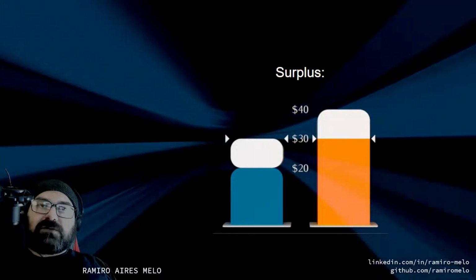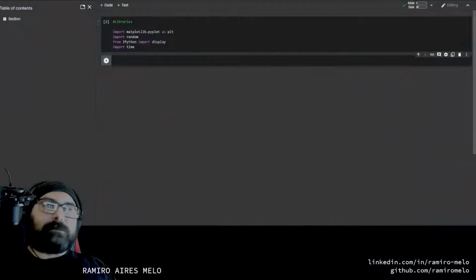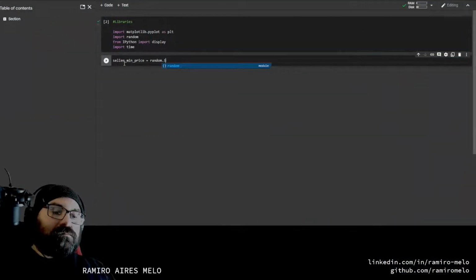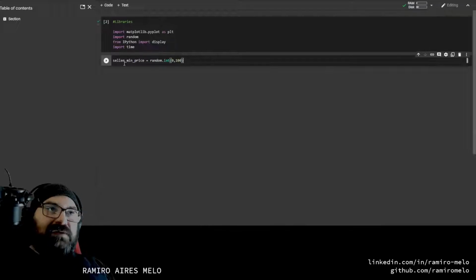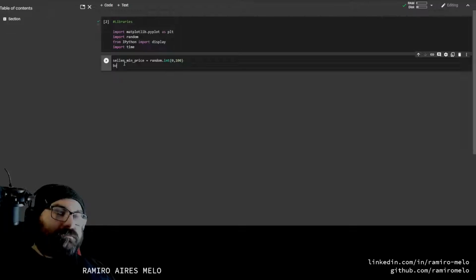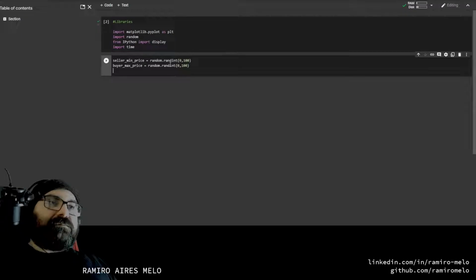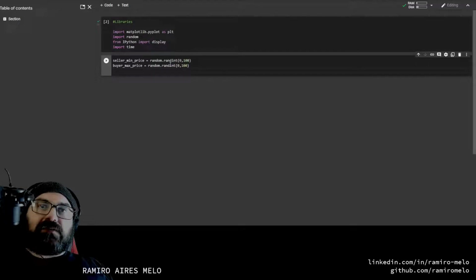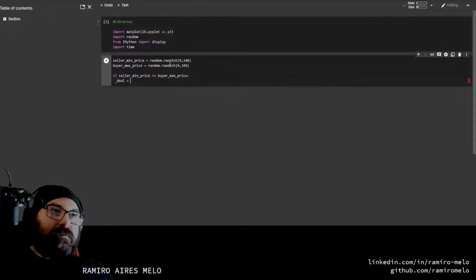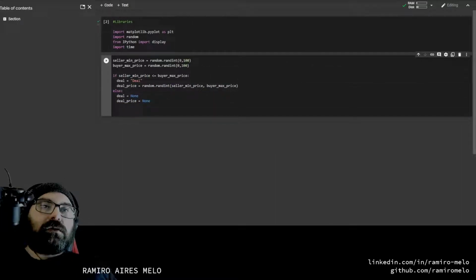Now let's go back to our code. The seller minimum price will be a random number between 0 and 100, okay? And the buyer's price will be a random number as well between 0 and 100. So these are the rules of our scenario.